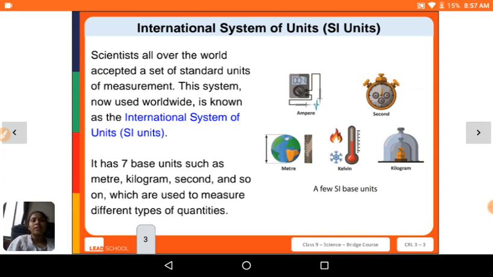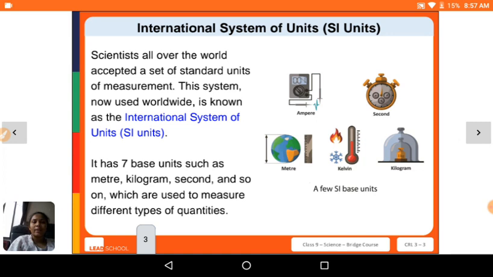What is the International System of Units? What are SI units? Scientists all over the world accepted a set of standard units of measurement. This system, now worldwide, is known as the International System of Units, SI units. It has seven base units such as meter, kilogram, second, and so on, which are used to measure different types of quantities.